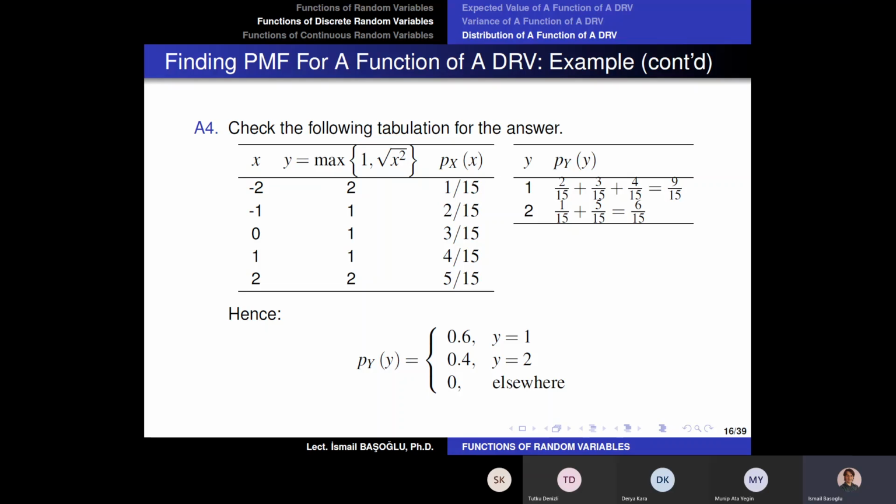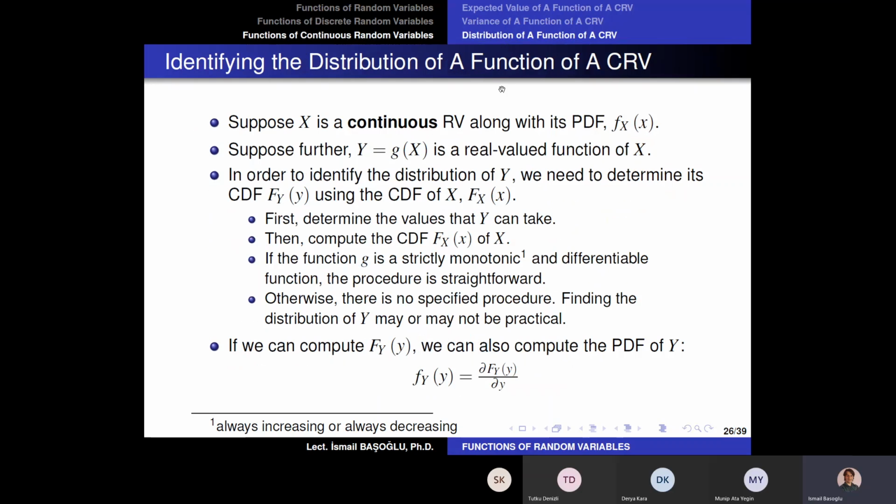So in this example, it is pretty well comprehensible. However, this time we are going to do the same for continuous random variables. So we are going to determine the distribution of a function of a continuous random variable, and obviously, it is going to change, right? So the distribution of a function of a continuous random variable is going to be different than the distribution of the input variable.